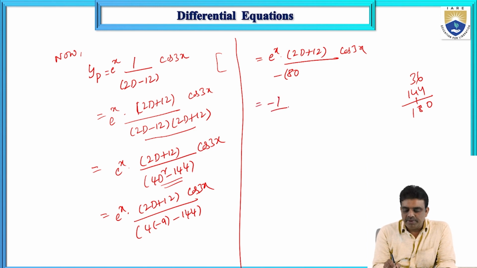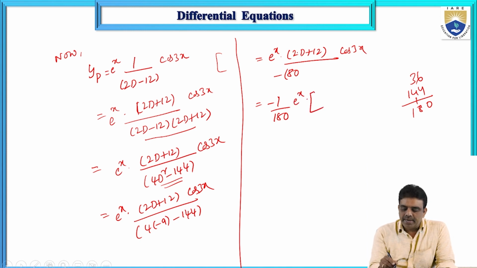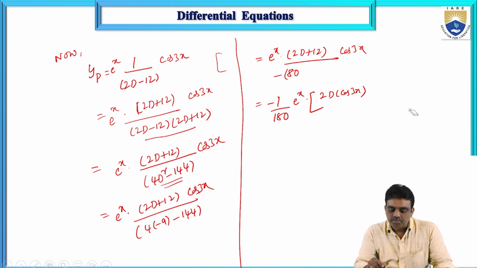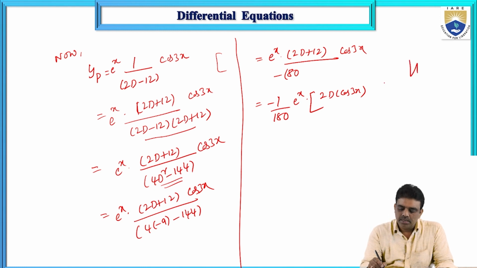Now 1 by 180 into e power x into, now operate 2D plus 12 with cos 3x. That is 2 into D of cos 3x is one term. And what is the second term here? 12 of cos 3x.